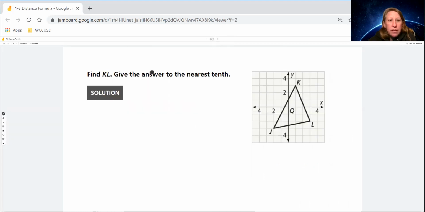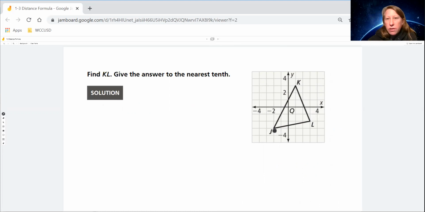Let's practice. This one has a triangle on a coordinate plane, and we want to know how long KL is. This is asking you to find the distance between K and L, or the length of line segment KL. Line segment KL is right here.